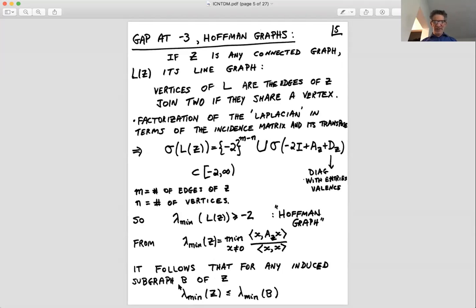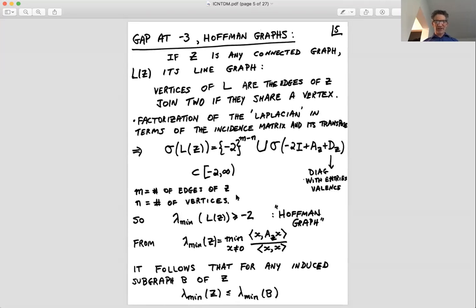So it follows that if you have any induced subgraph of a given graph, you're working over a smaller variational problem, so the minimum eigenvalue of a graph Z is less than or equal to the minimum eigenvalue of an induced subgraph B.